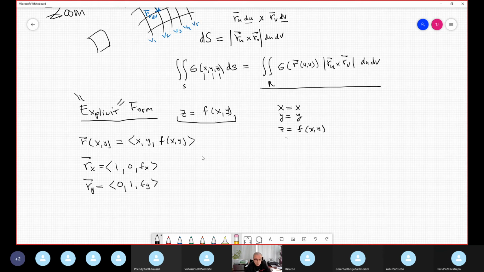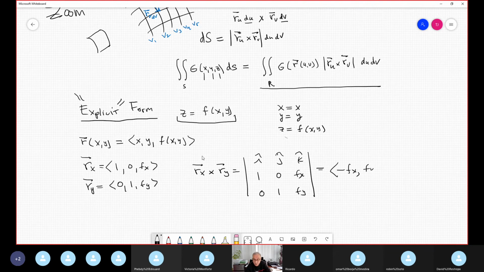And when you perform the cross product between these partial derivatives of the vector-valued function, you write here i, j, k, the famous i, j, k. You put here 1, 0, f_x, and here 0, 1, f_y. I want to skip that part. You know very well the answer is <-f_x, -f_y, 1>.